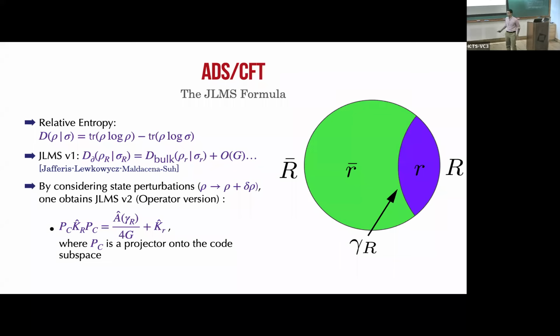We'll see evidence that what I'm going to say about one-sided modular flow is correct in some distributional sense, even though it's singular. So it's still going to be nice, not too badly behaved.